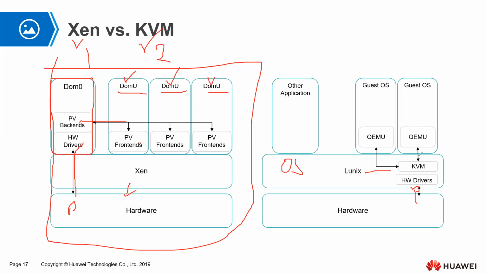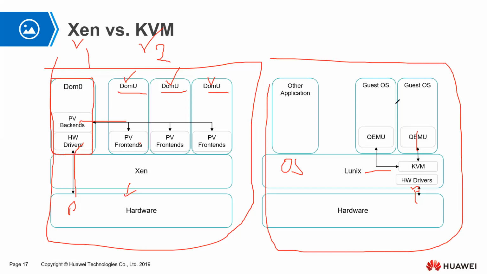KVM also works hand in hand with QEMU, and QEMU emulates the input and output operations. Then we have our virtualization environment with our virtual machines, and we can have our other applications on top or inside our Linux. We're going to look at KVM in detail.